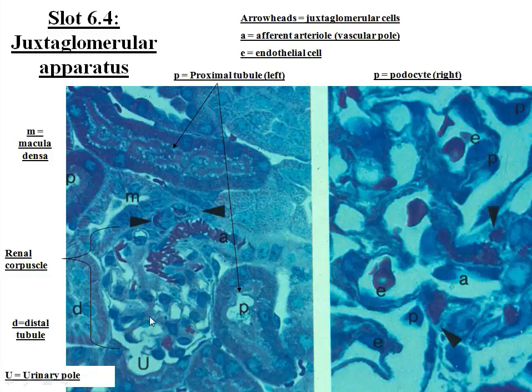This much is the renal corpuscle portion, and these are the distal convoluted tubules. When the distal convoluted tubule comes in near contact with the arterioles, it forms this macula densa portion. Here they have shown a P, which indicates the nucleus of a podocyte.